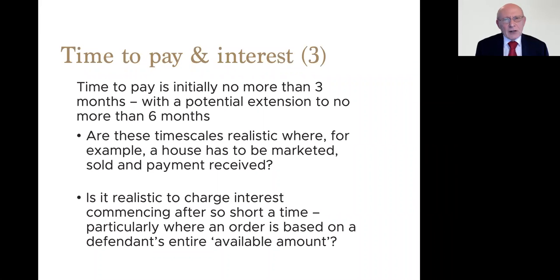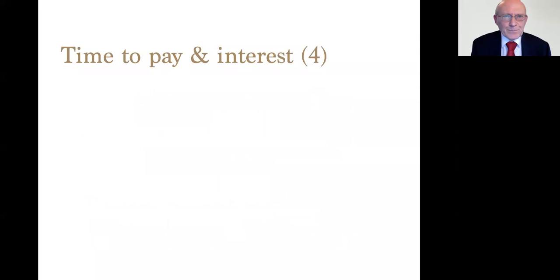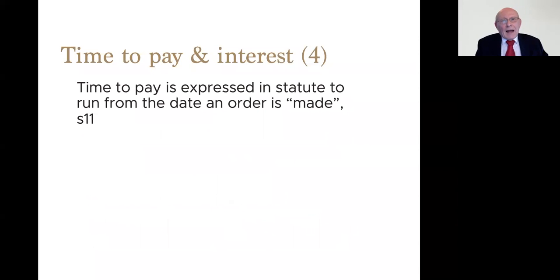The Commission look at whether interest should be stopped after a particular time. They don't look at when it should start. And time to pay is expressed in the statute to run from the date an order is made. And that's the word in section 11, the date the order is made.